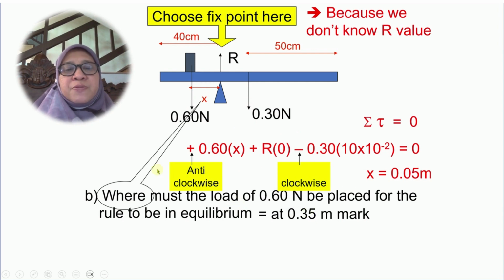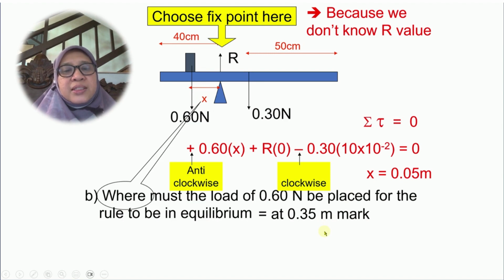If measured from the zero end of the ruler, it will be the 35 centimeter or 0.35 meter mark. This is the 40 centimeter mark, so x is 5 centimeters or 0.05 meter. So the 0.60 Newton load must be put at the 35 centimeter mark on the ruler.